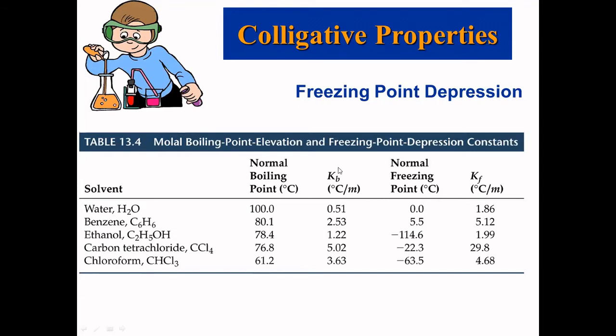And these are their molar boiling point elevation constant. So you only need the molality. With this, you can get the elevation. So expect an answer which will be higher than this normal boiling point, because these are their boiling points when they are pure.